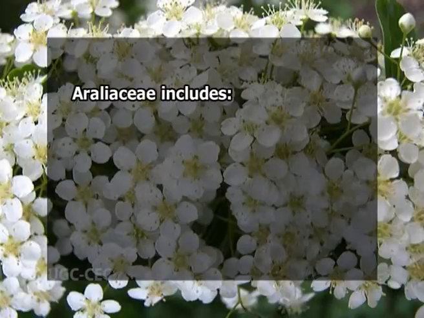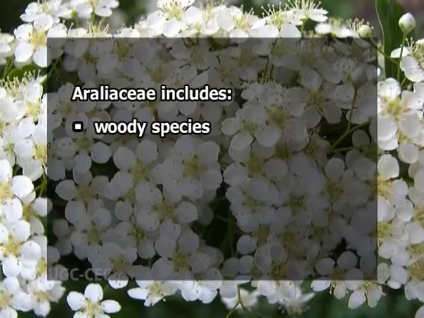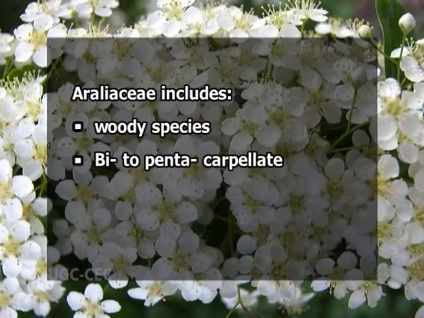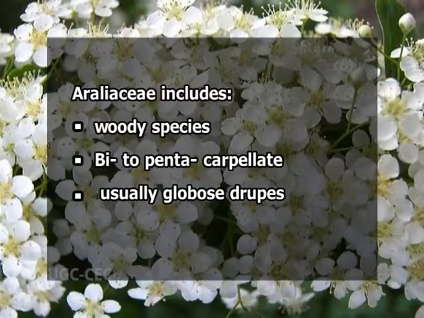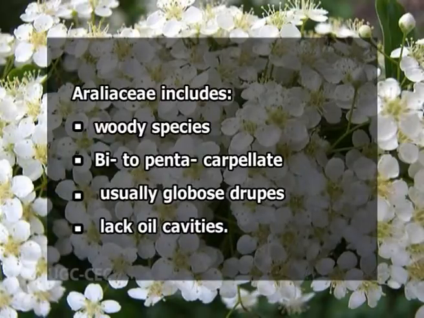On the other side, its sister family Araliaceae includes not herbaceous but woody taxa, having not always a bicarpellate ovary, but from bicarpellate to pentacarpellate. They do not have schizocarps as fruit; they have globose drupes, which characteristically lack oil cavities.